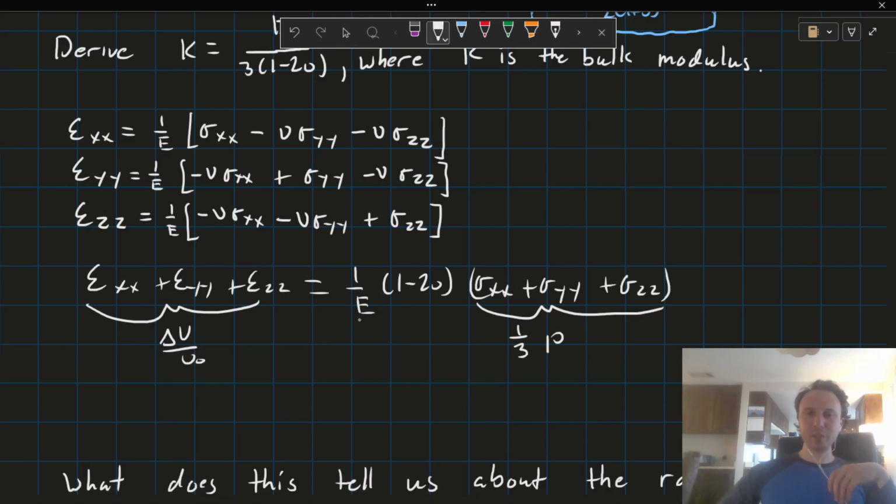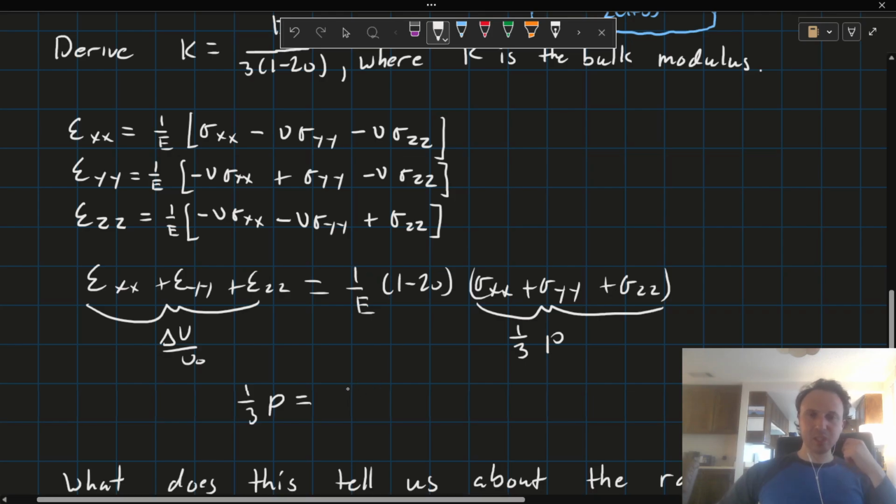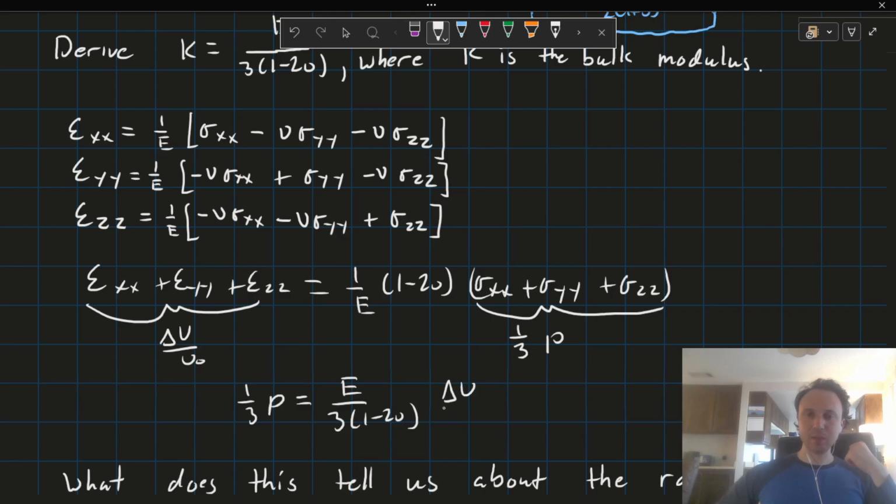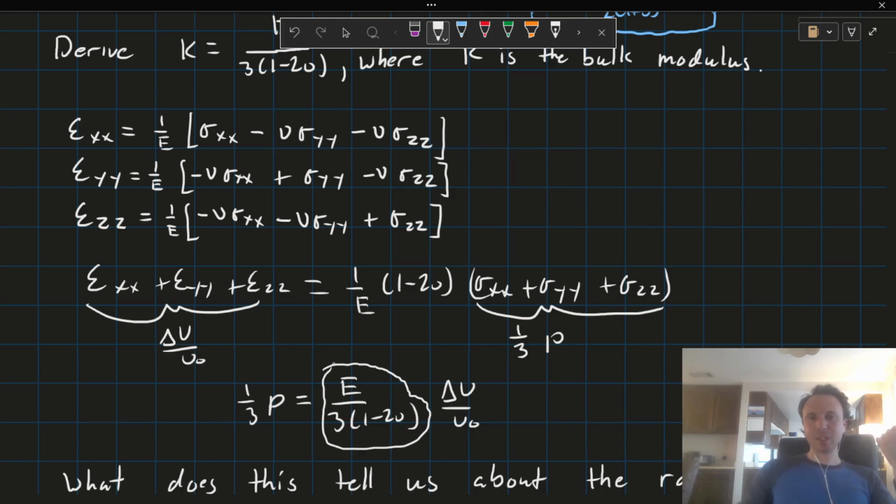So when we plug all those in now, we get the 1/3 p. And then I'll put in a 3, so that'll be equal to the E over 3, 1 minus 2 nu, times delta V over V naught. So this is now our bulk modulus. So that's where that comes from.